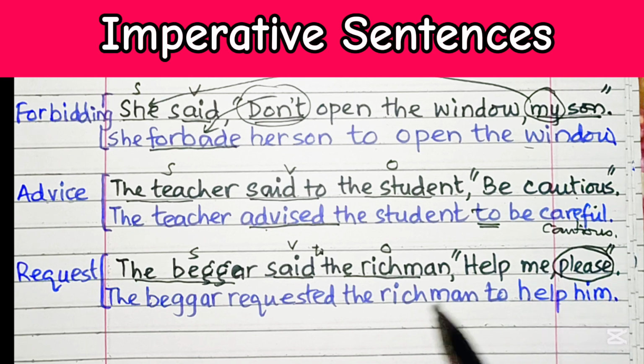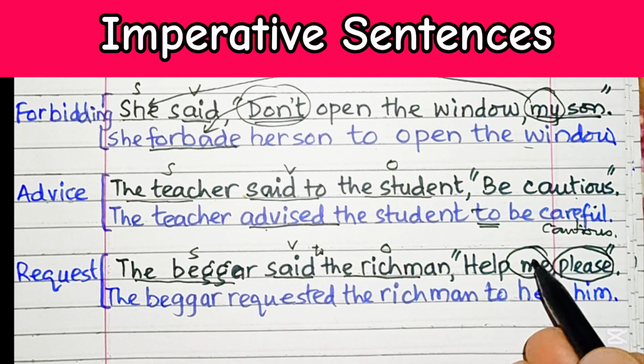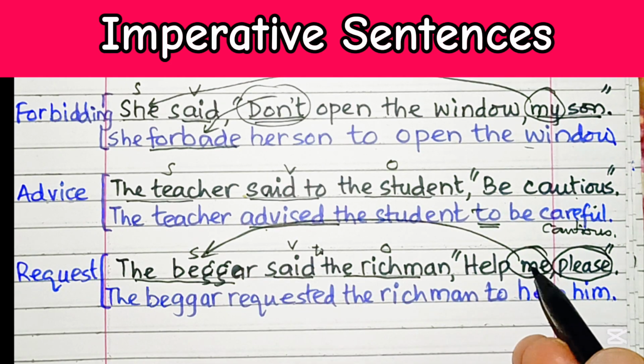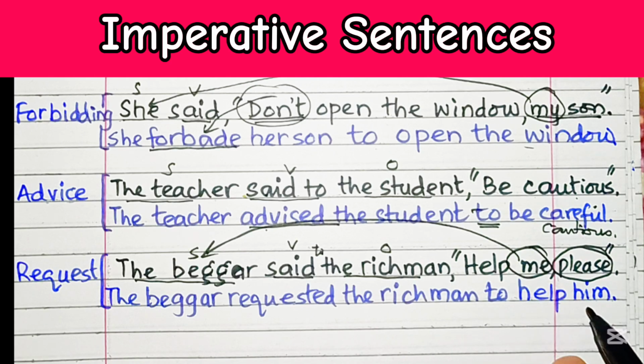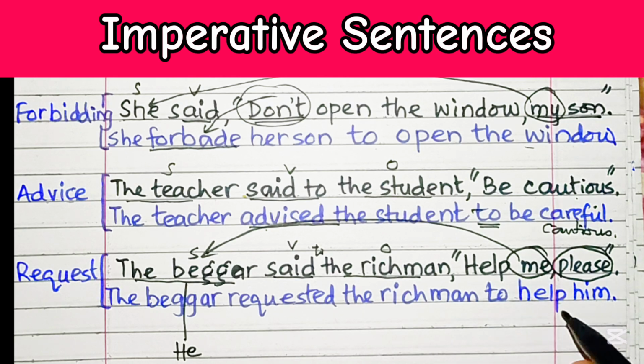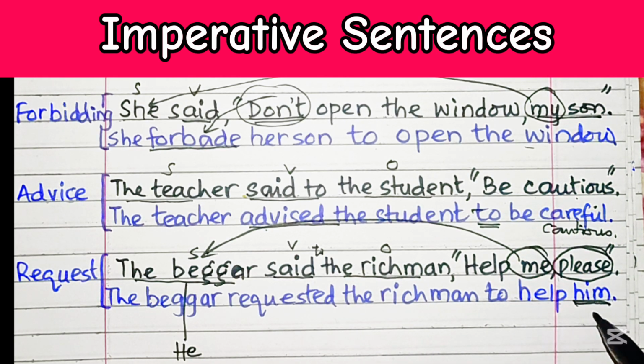The beggar requested the rich man to help, and me is first person, and it is to be changed with the subject. But this is in objective case, so we know that we use he in place of beggar as a pronoun, so this is to be converted into the objective case, that is him.